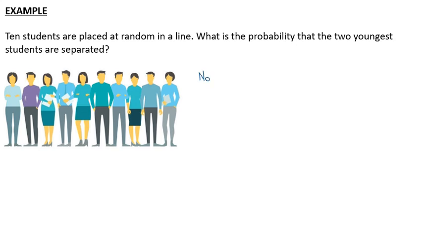And that would be your NS, which is 10 factorial. So 10 factorial ways, and of course, our students are distinct objects. So 10 factorial ways of arranging 10 objects or 10 students in a line. That's NS.